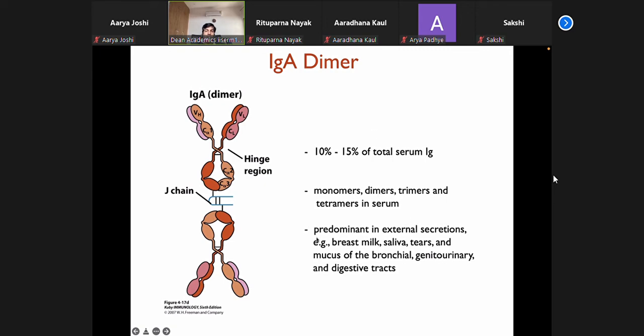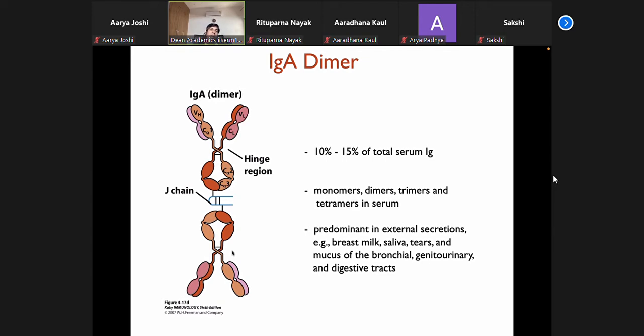You will find this antibody in external secretions, for example, breast milk, saliva, tears, mucus at the bronchial surfaces, genitourinary tract, and digestive tract. At all these mucosal sites, you find IgA predominantly.